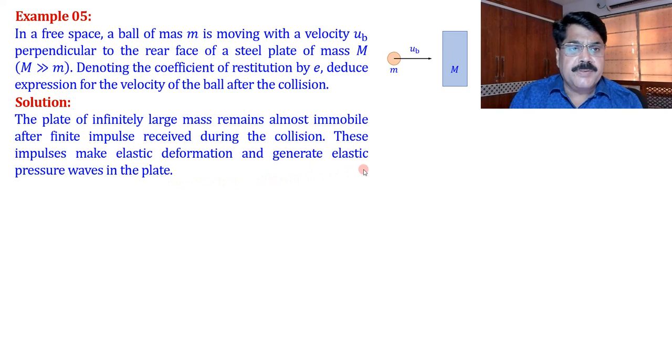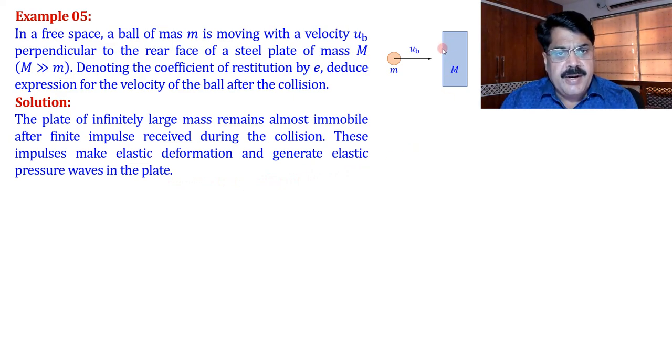Actually, what this impulse does is create some elastic deformation and an elastic pressure wave, a sound wave, which will travel in the plate. Of course, it may change the momentum of the plate, but as the mass of the plate is infinite, the change in velocity of the plate will be almost negligible. Initially the plate was stationary, so finally the plate will also be assumed almost stationary, or stationary for all practical purposes.